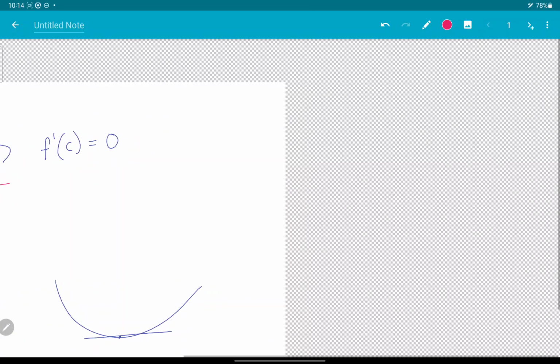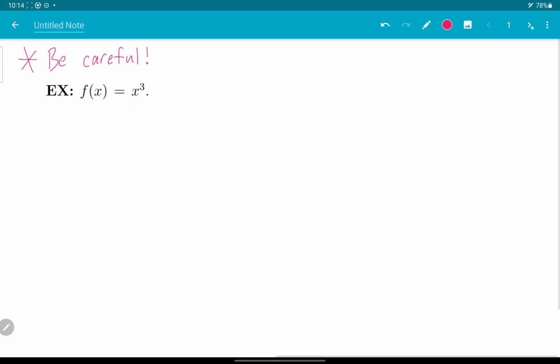Let's see an example to illustrate that. F of x equals x cubed. If you look at f prime of x, you get 3x squared. If I set that equal to 0, I see that x equals 0 is a solution. So f prime of 0 is 0.